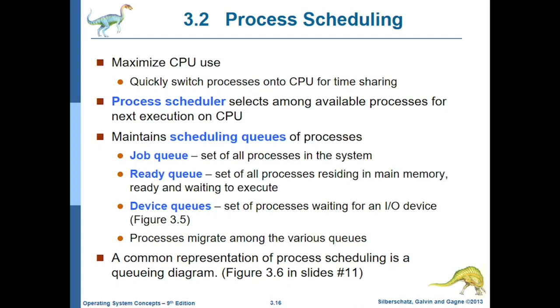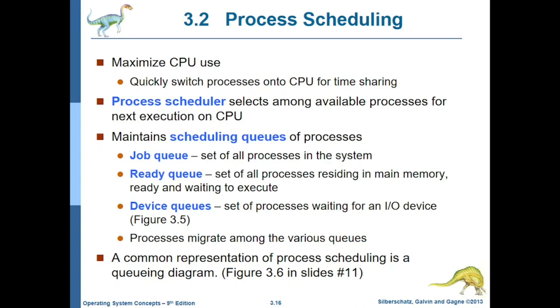A process can only run on the CPU if it is in main memory. So the ready queue keeps track of all processes that are waiting for their turn to run on the CPU.